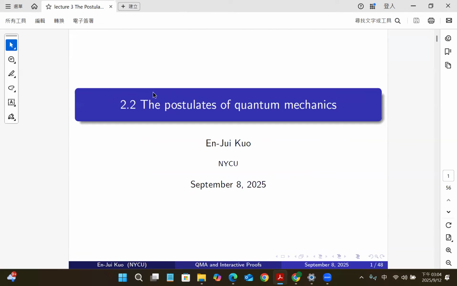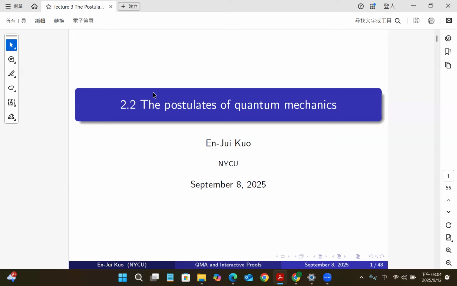Okay, if you look at the textbook, Nielsen and Chuang, all of this is just a small fraction of chapter 2. Section 2.1, and 2.2 is basically the so-called postulates of quantum mechanics.